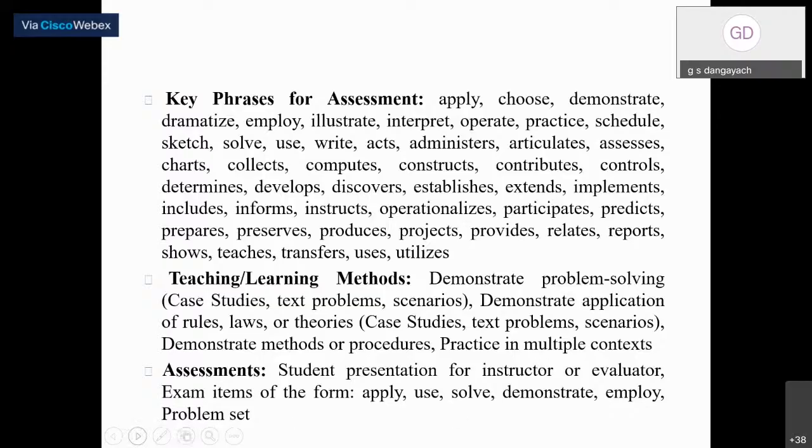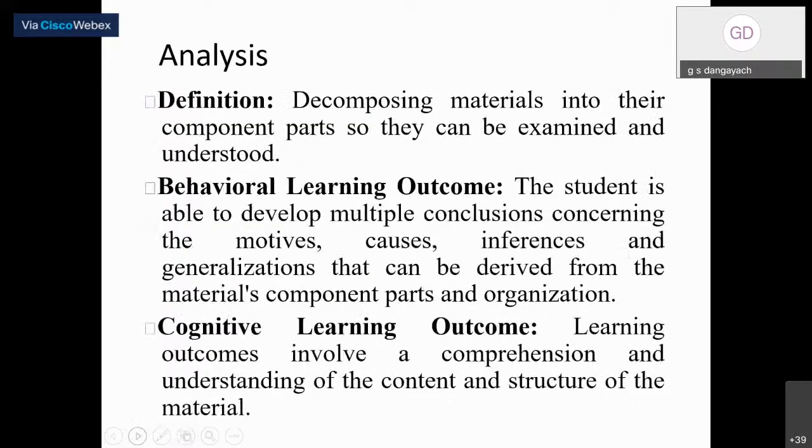problem set like this. Now, the fourth level of the cognitive domain is analysis. And analysis is possible only when the lower three levels are applied or the student has experienced the lower levels. It means decomposing material into its component parts so that they can be examined and understood.